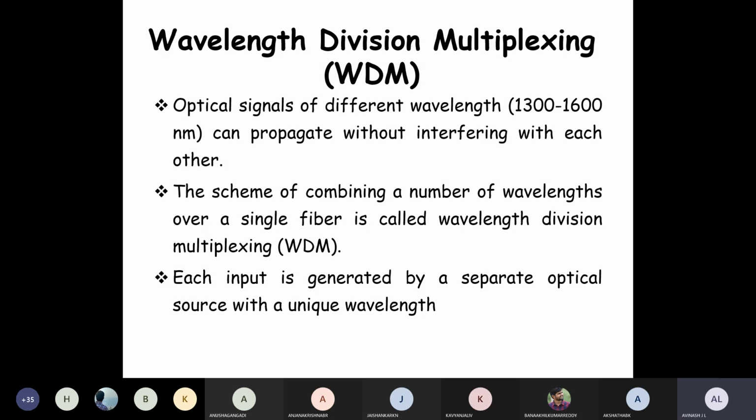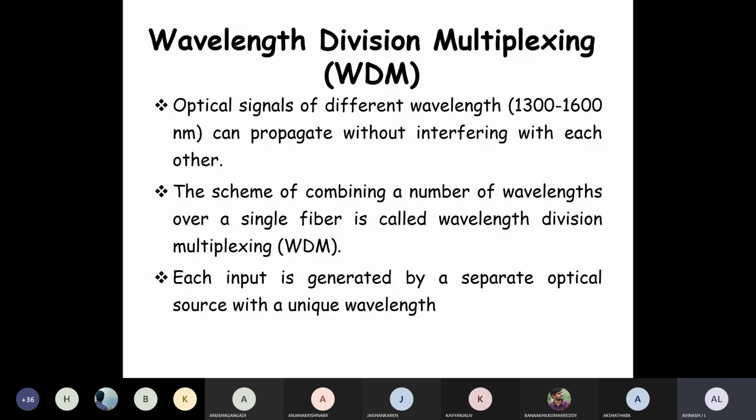Similarly, here we divide the wavelength. Instead of time or frequency, we go with the wavelength. That is why it is called wavelength division multiplexing. Optical signals of different wavelengths, 1300 to 1600 nanometer, can propagate without interfering with each other.